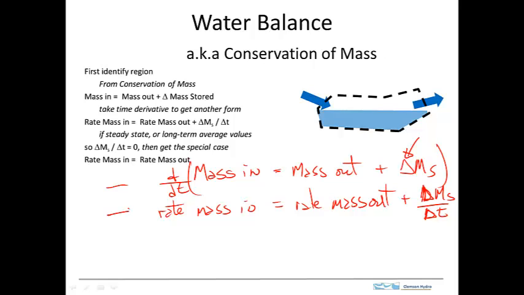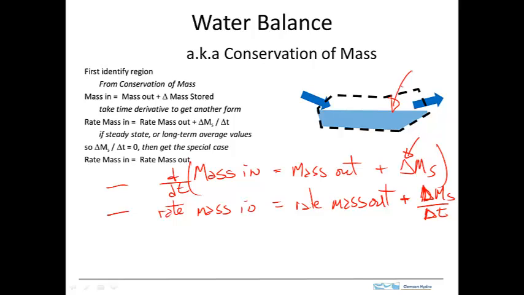And we can say that, well, over a long period of time, or perhaps under some other circumstances, the mass that's stored within this control volume is not changing. It may change over short periods, but over the long period of time, those changes may just average out.